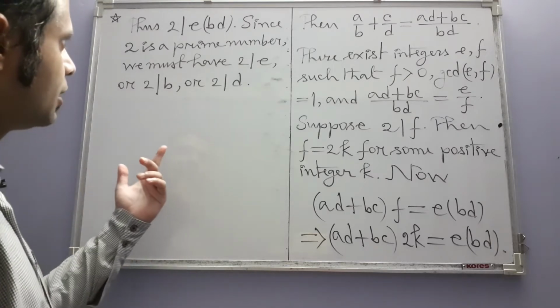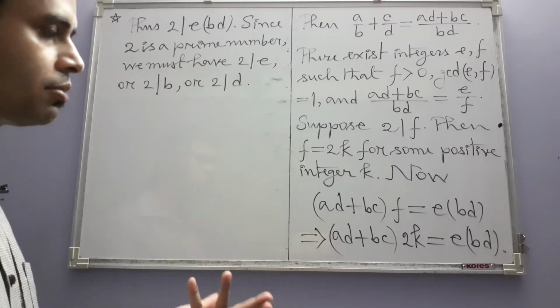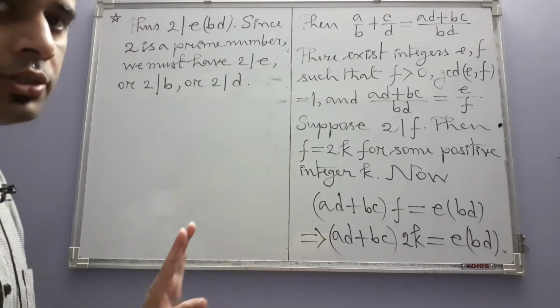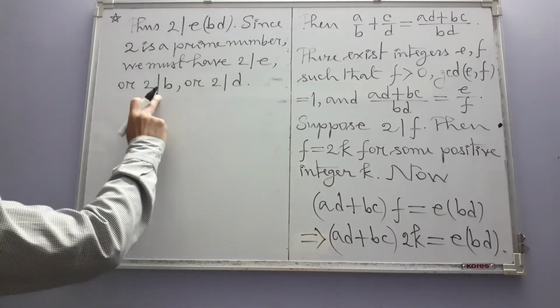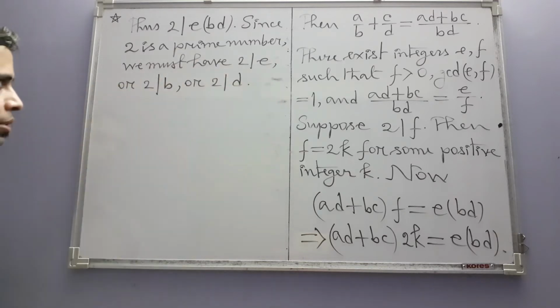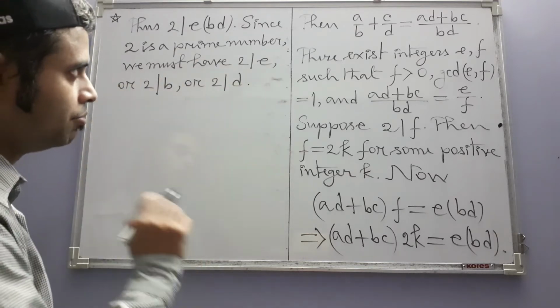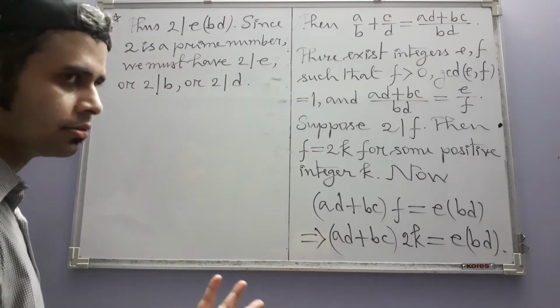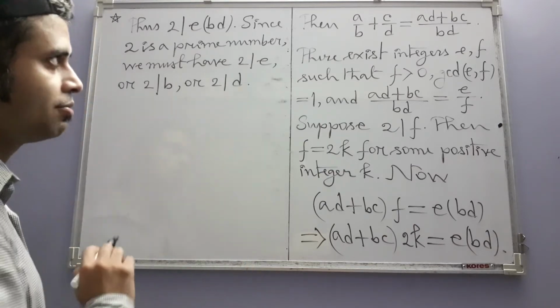If a prime divides the product of a number of integers, then it has to divide at least one of them. These two, however, can be immediately ruled out because B and D already are integers which are not divisible by 2.